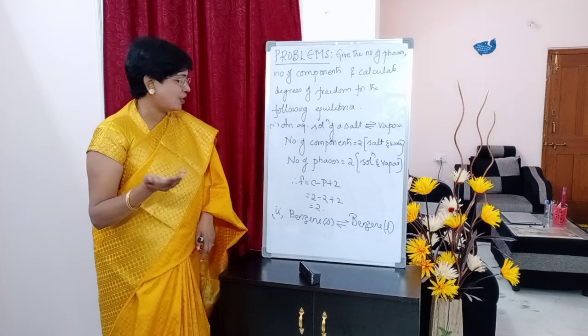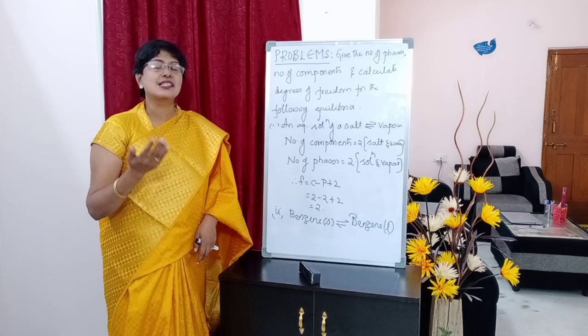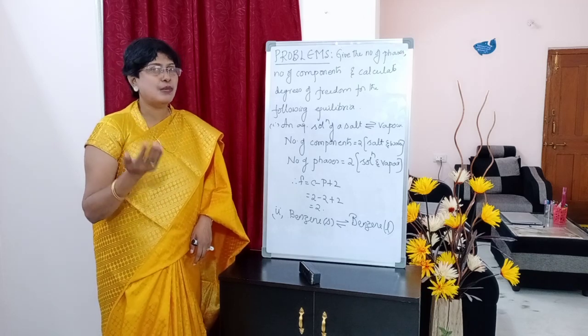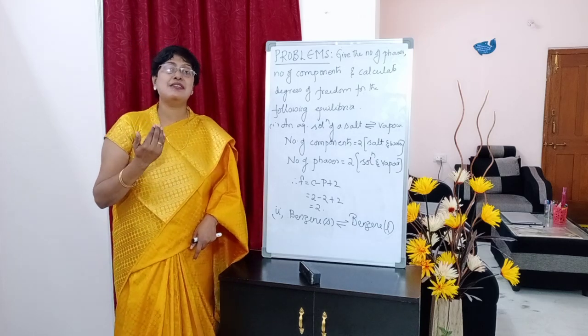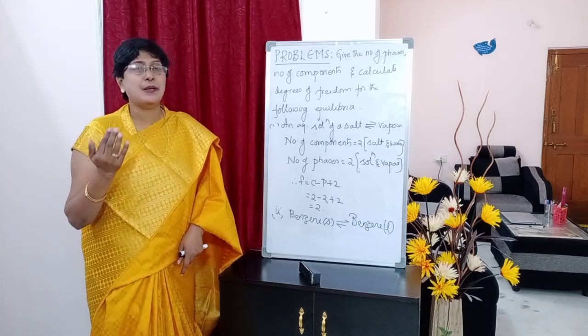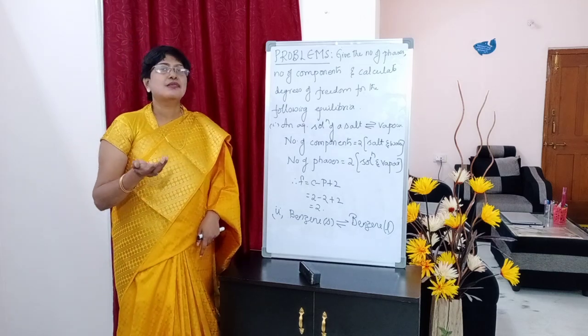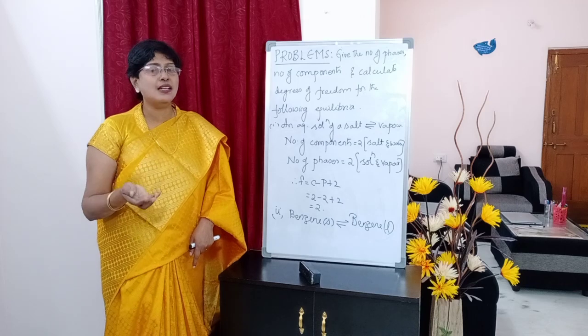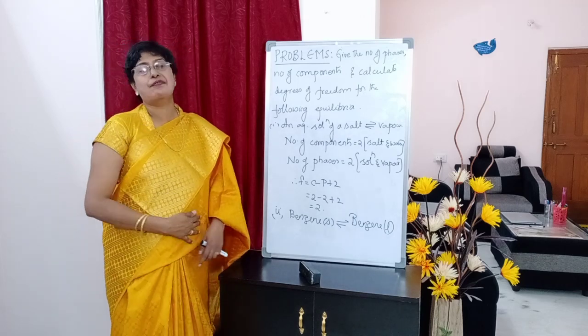You can do it on your own. 2 phases, solid and liquid. How many components? 1 component, that is benzene. Okay. So you should use reduced phase rule expression. F dash is equal to C minus P plus 1 or F is equal to C minus P plus 1. So substitute the number of components as 1, number of phases as 2 and you can calculate degrees of freedom.